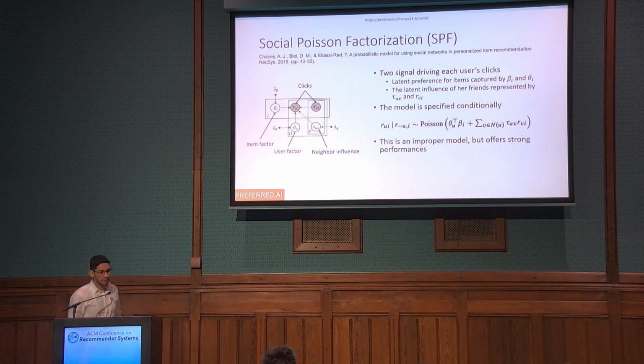Now, it turns out that this is an improper model, which means we don't know if the likelihood function of this model exists. That is some technical detail, but it gives really good performance in practice, and it's quite scalable, and you can fit it very efficiently using variational inference.